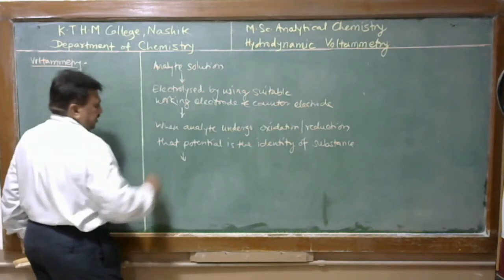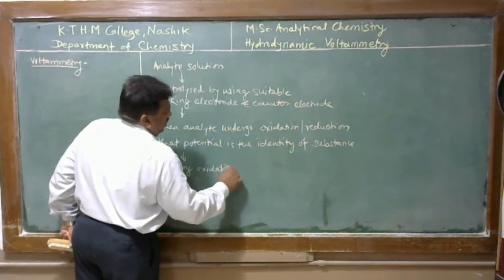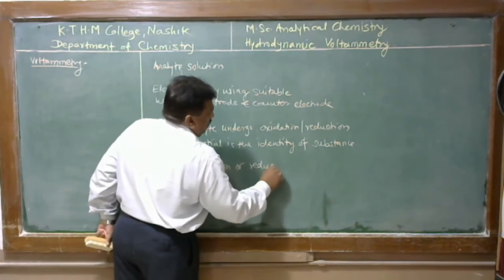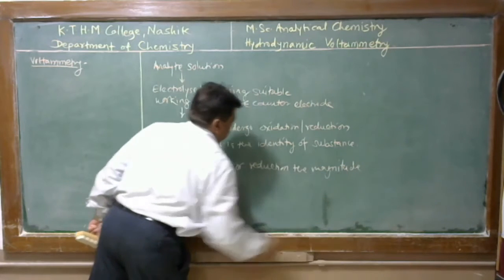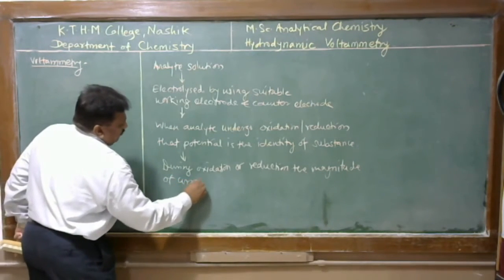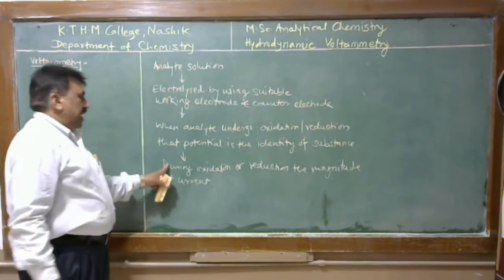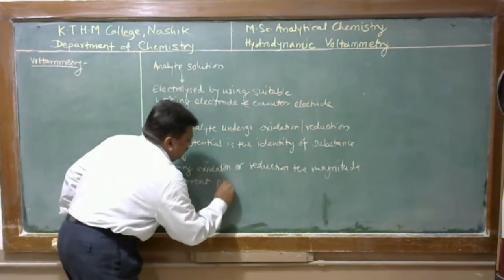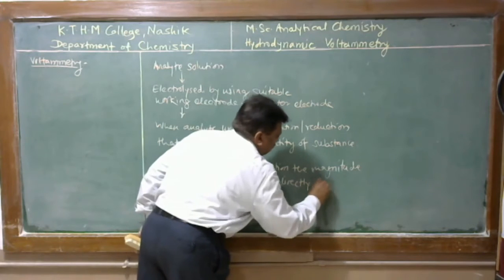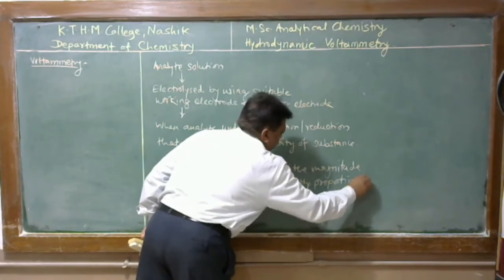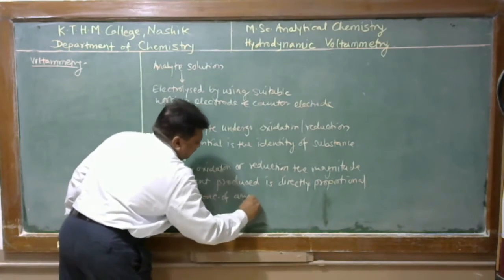And during oxidation or reduction, the magnitude of current, that may be anodic current due to oxidation or cathodic current due to reduction, is directly proportional to the concentration of the analyte species.